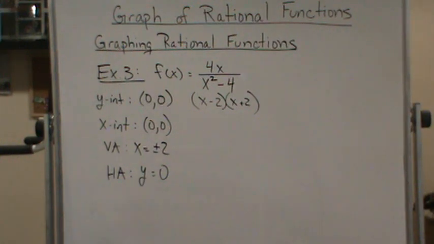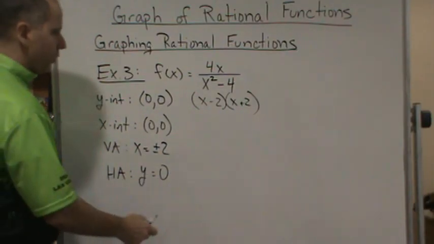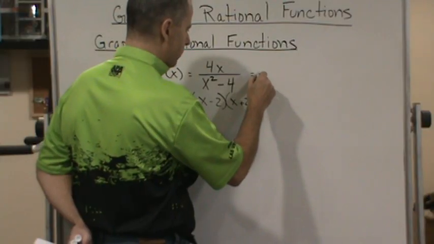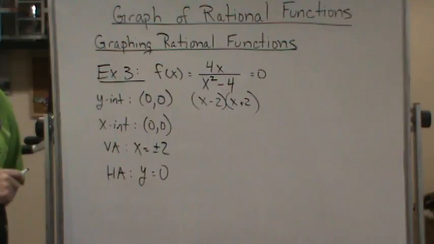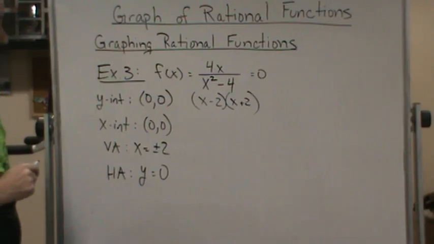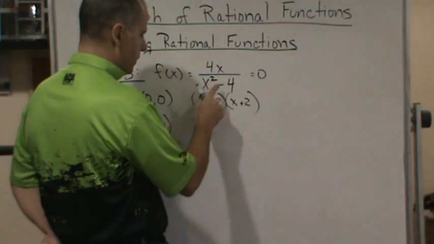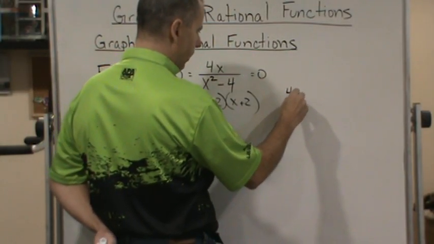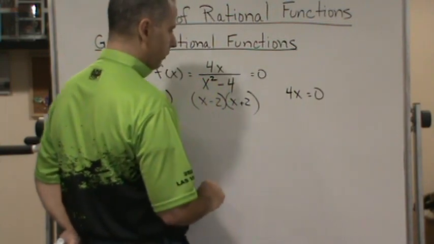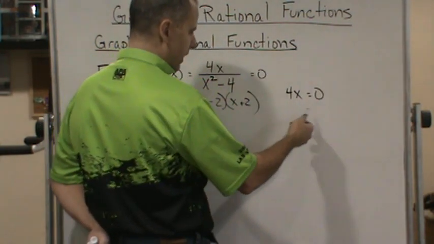All right, good. Now, does it cross the horizontal asymptote? The horizontal asymptote is at 0, so we set this equal to 0 and see if we can solve the equation. If we multiply both sides by x squared minus 4, we get 4x equals 0, which gives x equals 0.